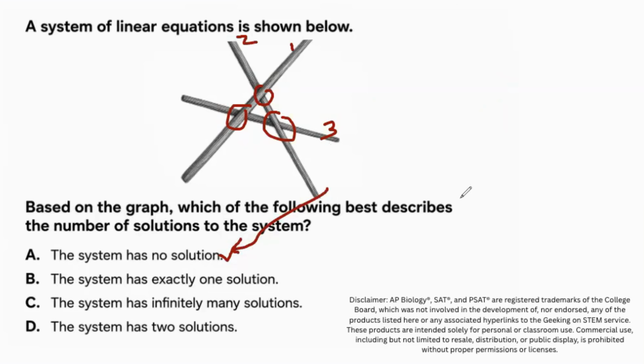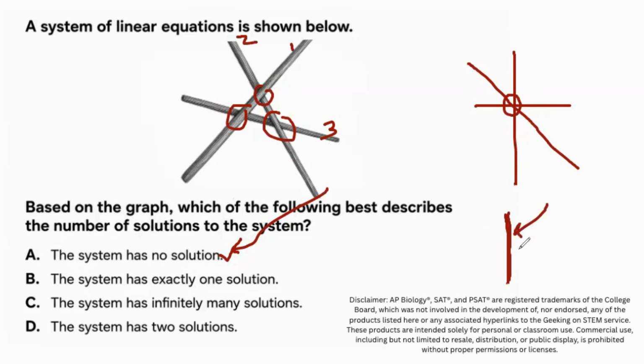Now you might be thinking, well, how would it be one solution? Well, if it was one solution, you'd have all three graphs intersecting at one spot. What if it's infinitely many solutions? Then you would have the same line plugged into Desmos. Basically, they'd be one on top of each other every time you graph them, and that's how you would get infinitely many solutions.